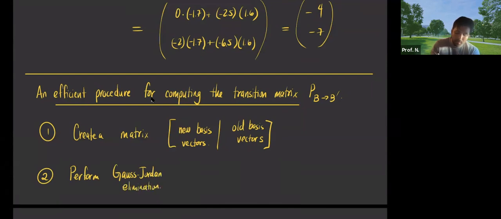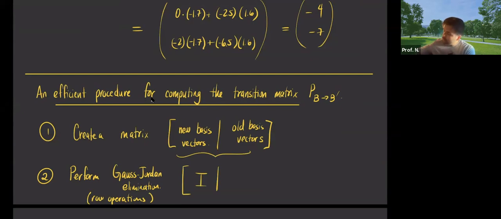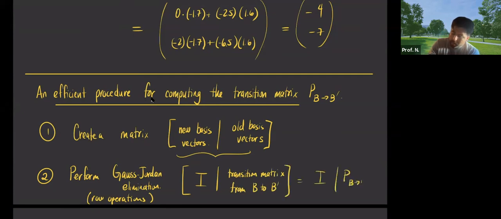In other words, we perform row operations to the point that this matrix now becomes the identity, and the thing on the right is exactly the transition matrix from B to B prime. So we get the identity with P from B to B prime.